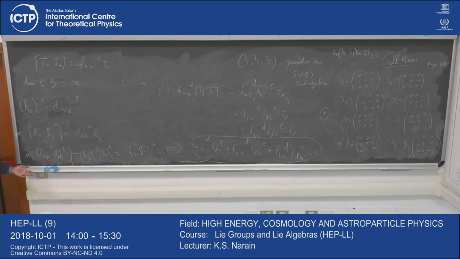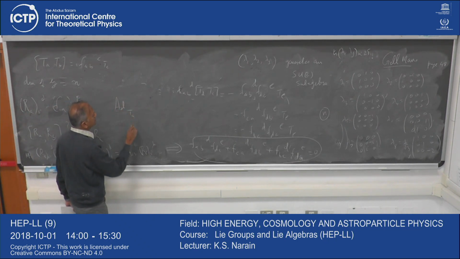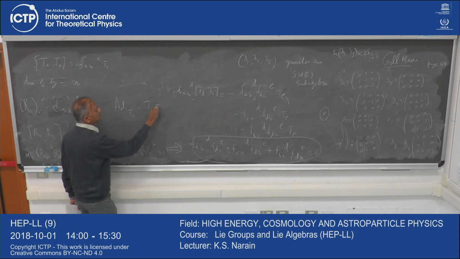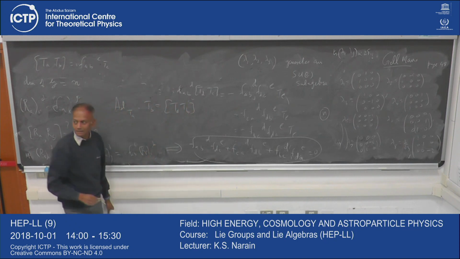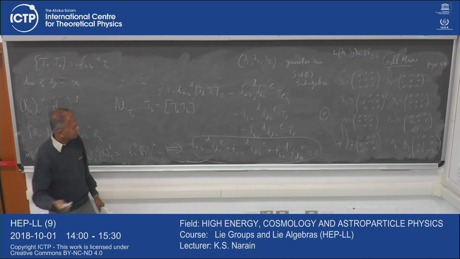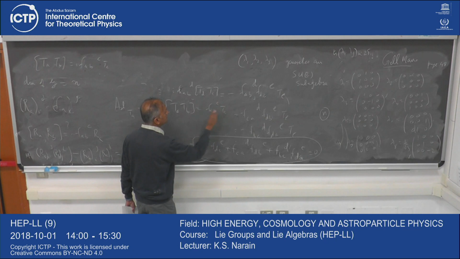It's not surprising, because that's how we define the adjoint representation. The adjoint representation was just obtained by taking the commutation relation, right? After all, what did we say? Ad of TA acting on something, TB, was nothing else but the commutator of TA and TB, which in the basis is FABC TC.